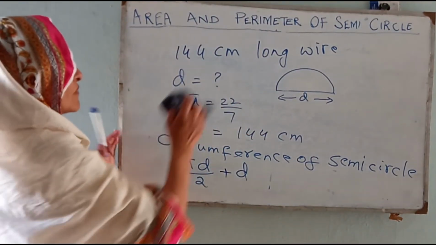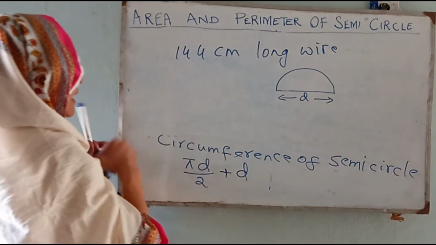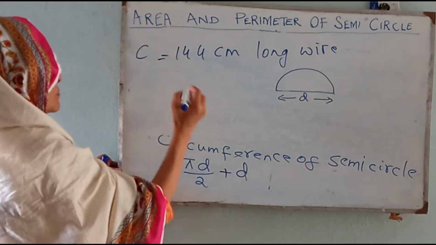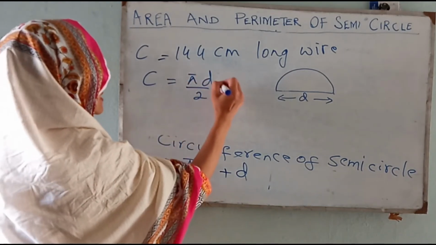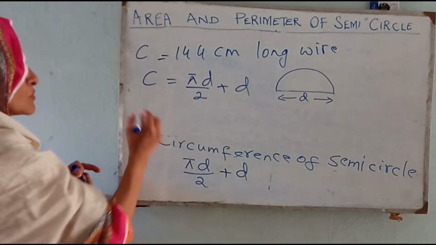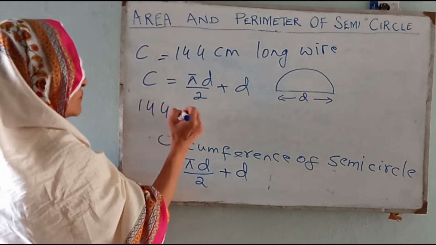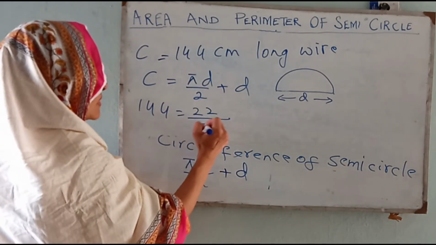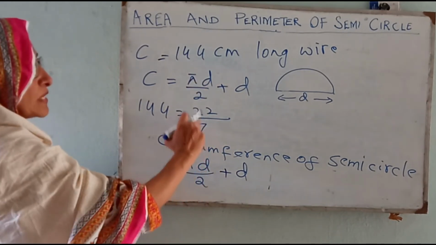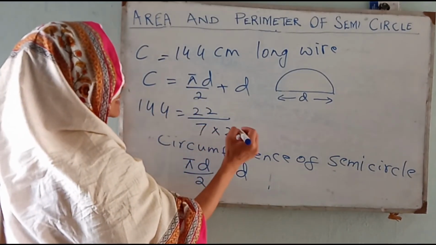So for the circumference we are going to use this d also. Now substituting the values in my formula, c is equal to pi d by 2 plus d. Instead of circumference I am going to write 144, instead of pi I am going to write 22 by 7. 7 is in the denominator, this 2 is also in the denominator, so it is going to come as it is.